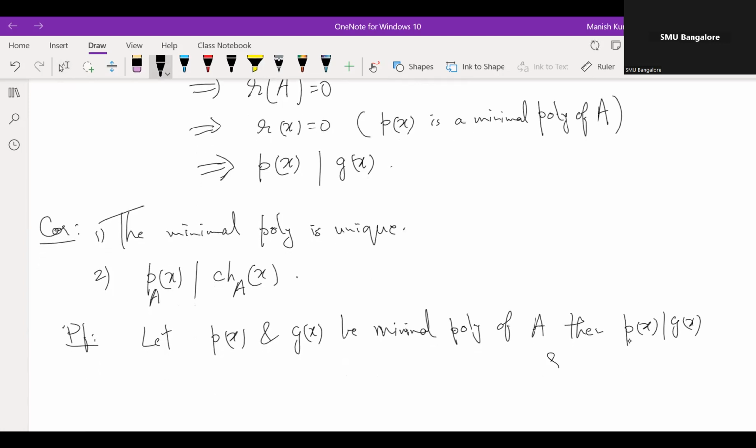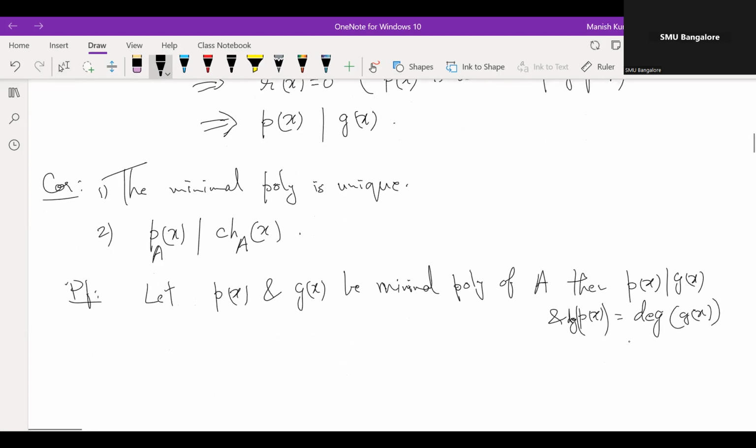So maybe just one division is enough, which implies, since both are monic, that they have to be the same.